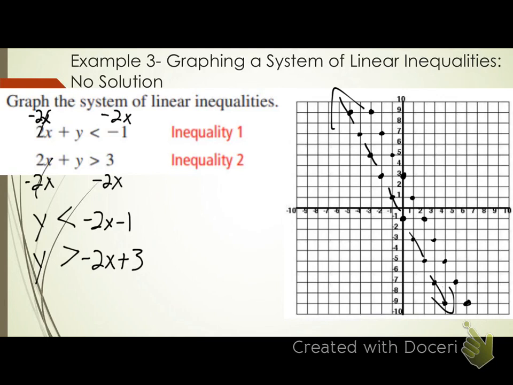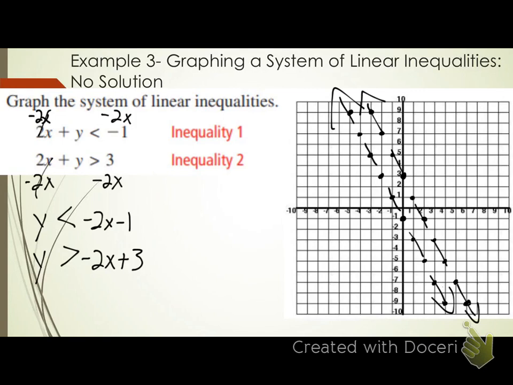Solid or dashed line? Dashed. Do you think it's going to be automatically no solution if I get parallel lines with inequalities? Why do you think it's going to automatically be no solution? Because there's no way for them to be anything else. They're parallel. Yeah, there is.